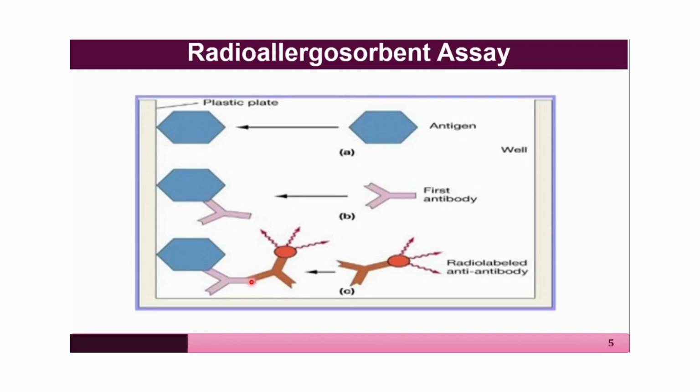You will see that wherever the particular allergen or antigen was bound by the patient's serum IgE antibody, the radioactively labeled antibody would have bound to it and started emitting radiation.